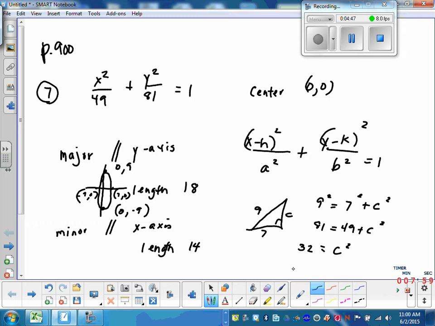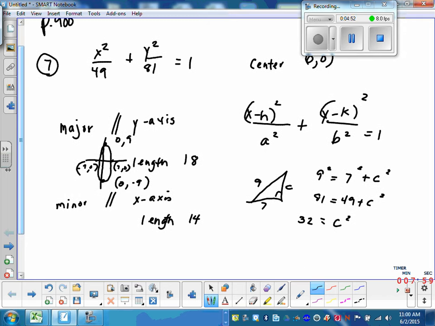And so when we square root that, we're going to remember our radical rules, and we're going to factor this. So this is going to be 4 times 4 times 2, or 4 square roots of 2? 4 times 4 is 16, 16 times 2. So yeah, that works.